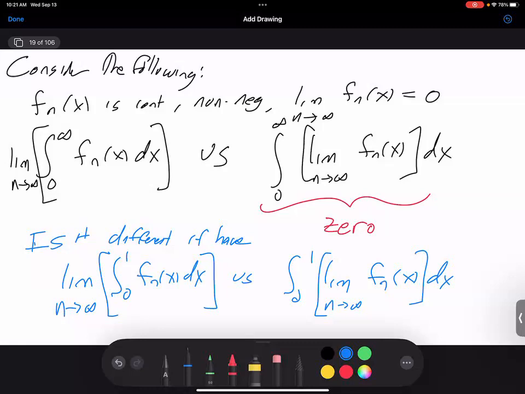Do you think one of these is more likely to be equal than the other? Or at least, is there one that is at least as likely as the other to be true, to have an equality? They might both be true, they might both be false. Does one of them seem more likely to be an equality?